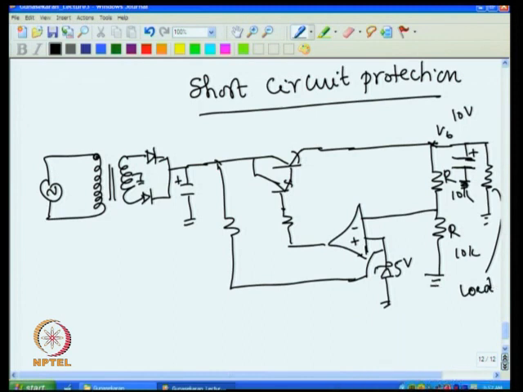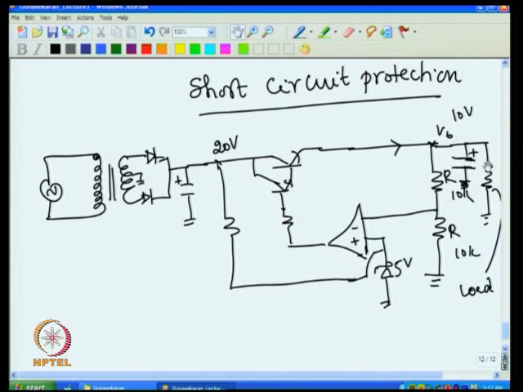Now in this circuit, suppose 10 volt is here, and if I connect 10 ohms, then 1 ampere current will be flowing here. That 1 ampere current will flow through this transistor. Suppose the output voltage is 10 volt and the input here is say 20 volt, because it has to be more than 10. Then you have 10 volt across the series pass transistor, and the other 10 volt is here.